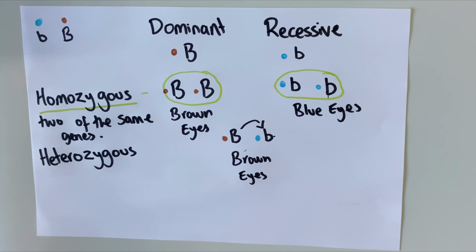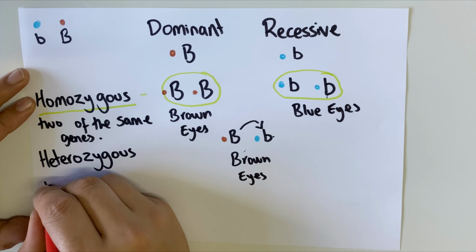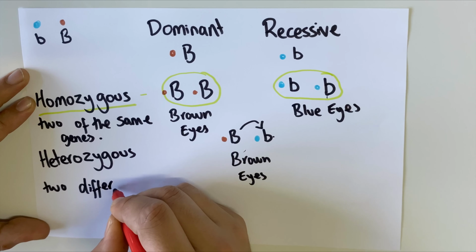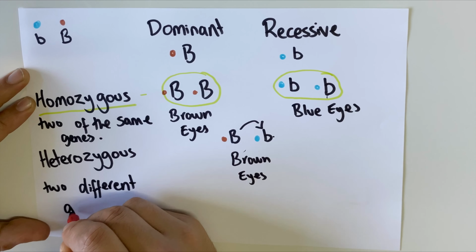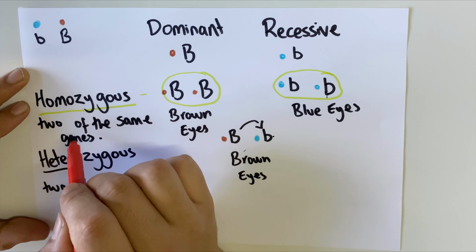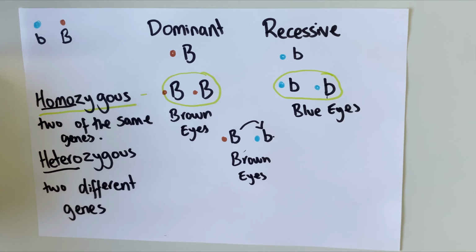Whereas heterozygous means 2 different genes. And that comes from the prefix hetero, and same comes from homo. Now zygous comes from the term zygote, which is a fertilized egg.